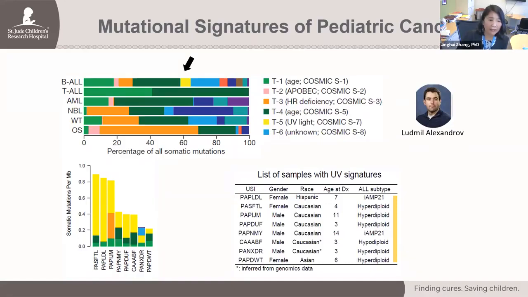So it indicates that perhaps UV exposure may increase the risk of pediatric leukemia. In this cohort, we just lack a sufficient number of patients to make a statistical calculation of UV association with the patient. So future analysis is required to replicate the study to establish the link of UV exposure to leukemia onset.